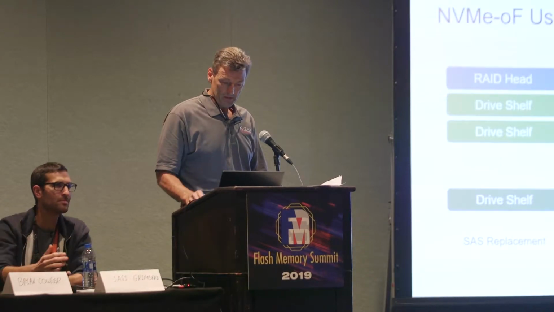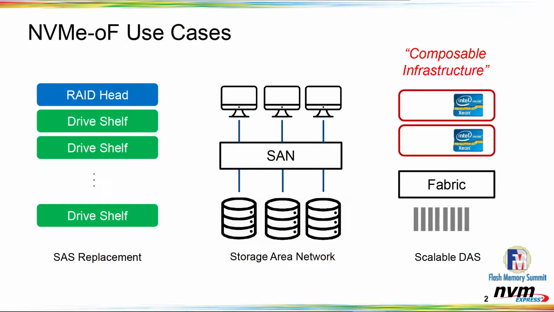Okay, so again, I'm Bryan Cowger from Kazan Networks. I wanted to talk about our perspective for the use cases of NVMe over Fabrics. I think the industry is really contemplating NVMe oF for three primary use cases, and many of you may well be aware of this. The first is the relationship between a RAID or a NAS head and its expansion shelves.